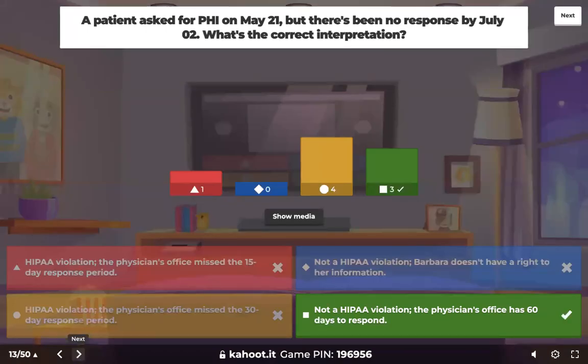All right, it looks like we had a split here. The answer is that it's actually not a HIPAA violation. The physician's office has 60 days to respond. Okay, so this question is all about knowing those timelines.